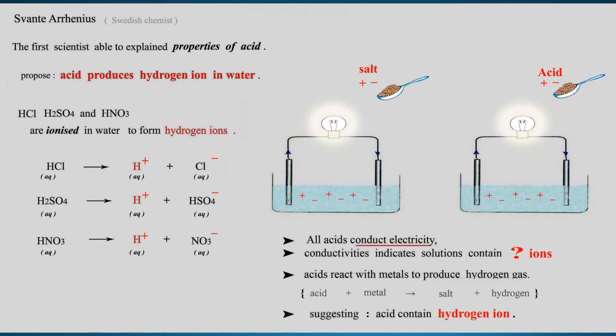So this molecule becomes an ion, so we call it ionized in water. So you can generalize into one simple equation: this molecule containing H becomes an H plus ion plus a negative base.